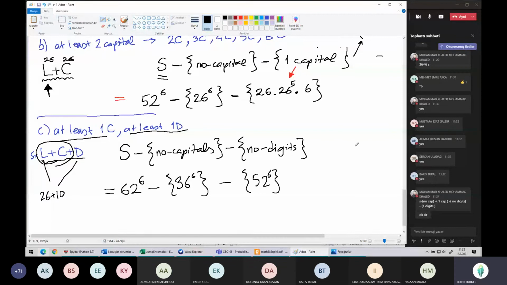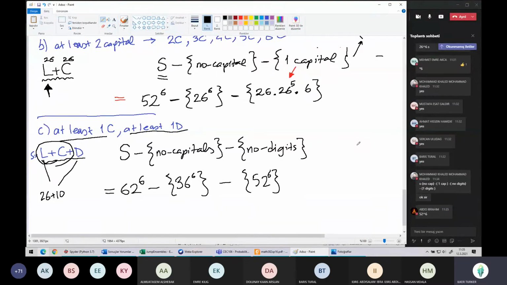This is the number of passwords that you use lower cases, capitals, and digits, including at least one capital and at least one digit.